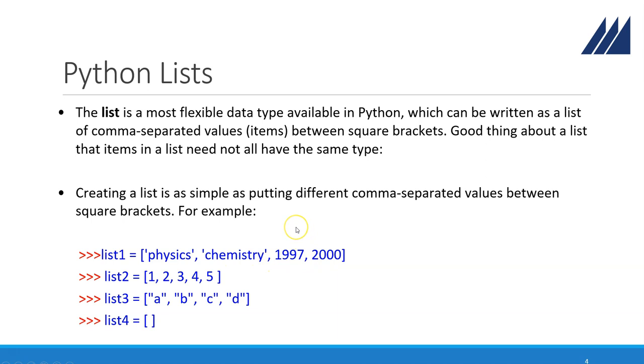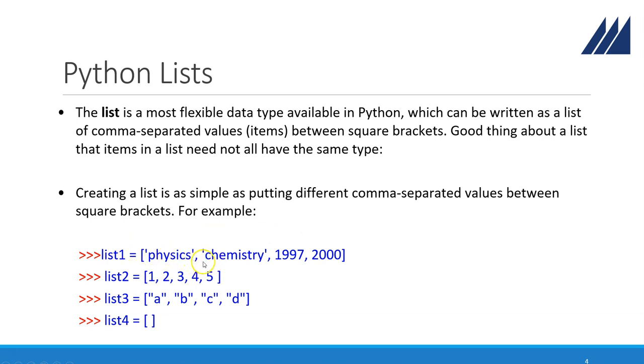If you're familiar with Java or some other programming languages, usually when you create a list, it's equivalent to an array, and usually in other programming languages, arrays must all be of the same type. So if you create an array in, for example, C++, all the items in the array must be of the same type. For example, all of them integers or floats. But Python is forgiving for that.